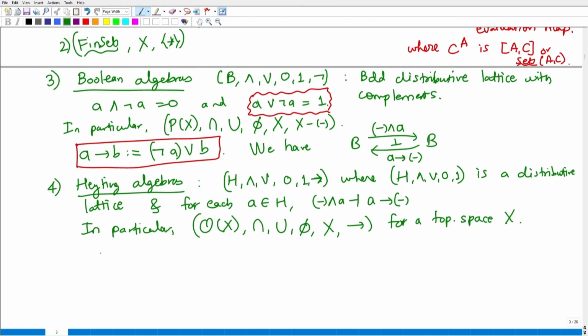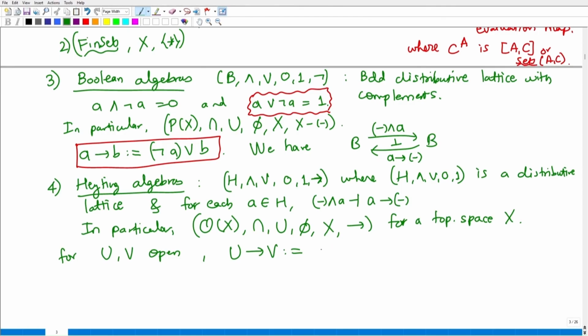So in particular, for U and V open, I still have to define what U implies V is. This thing I have not defined. With the complement, interior of the complement of U. Whatever you do, same thing.